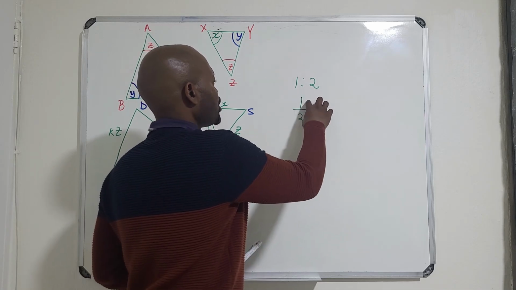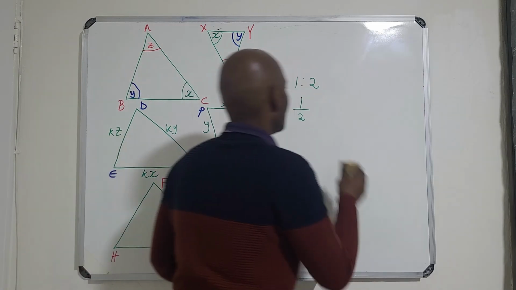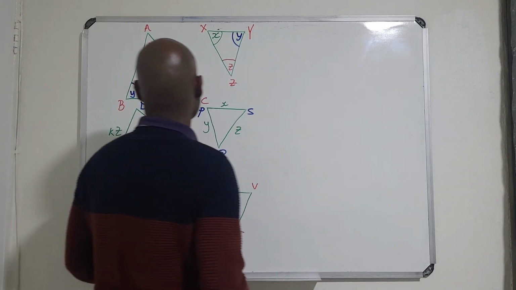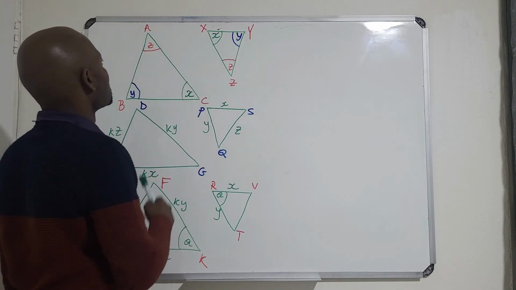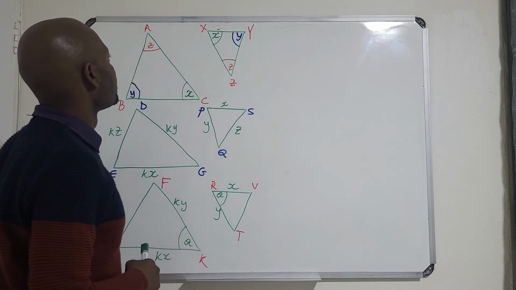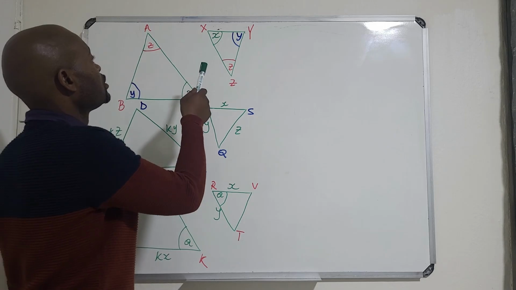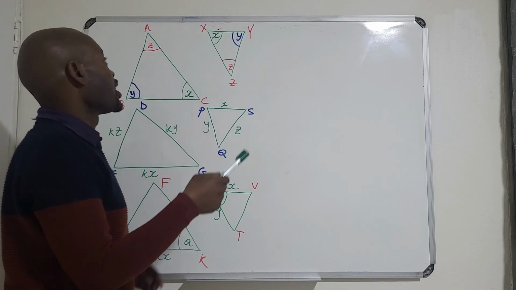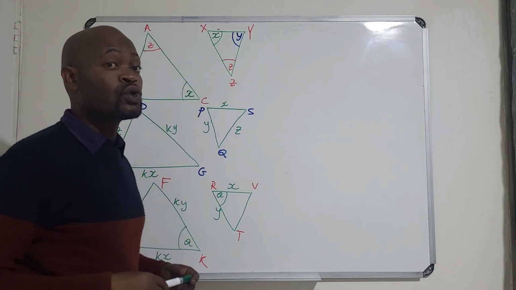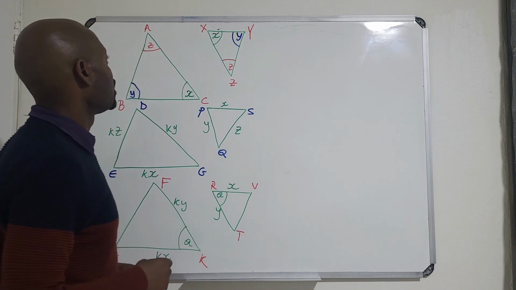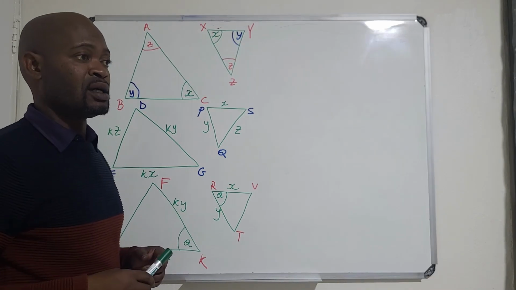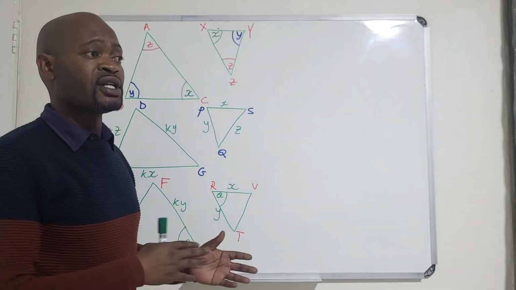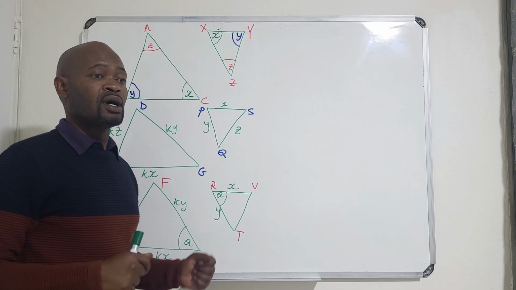Therefore, fractions are ratios. Now, we are saying that when the corresponding angles of two triangles are equal, then the two triangles are similar. Similarity is different from congruency.